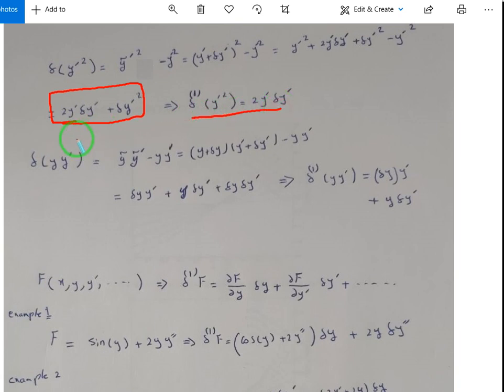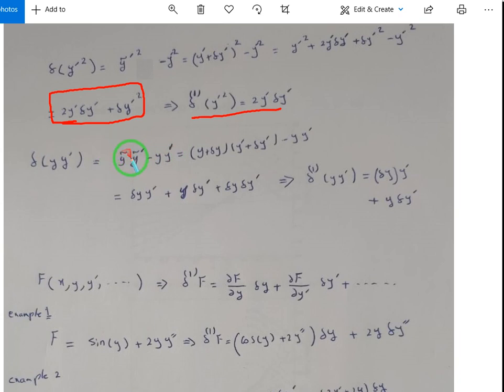Now let's speak about another example. I'm going to calculate the delta operator of y multiplied by y dash. By the definition, I can say that this term is equals to y tilde multiplied by y tilde dash minus y multiplied by y dash.